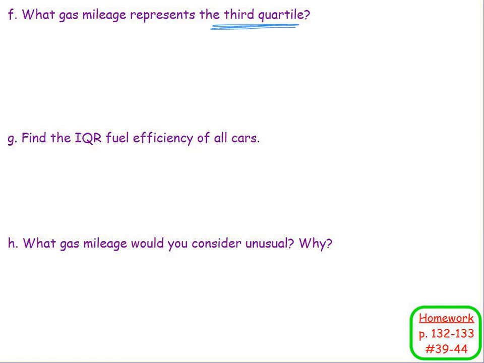Q3 is always 0.75. Okay? Q1, if they asked for the first quartile, is always 0.25. And so, well, actually, let's back up so I don't confuse you guys. The third quartile is always 75%, which is always in decimal form 0.75.